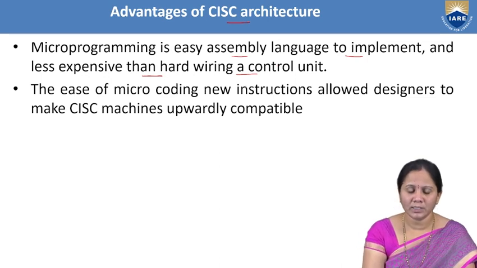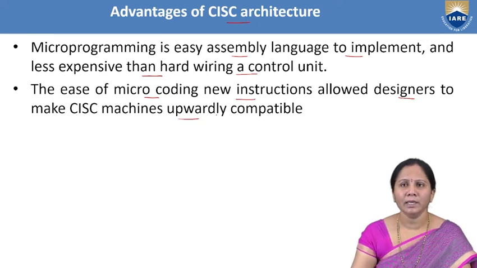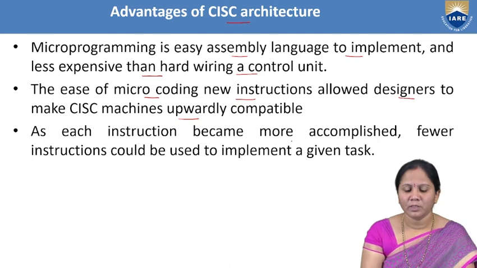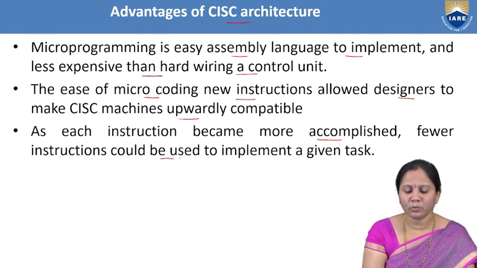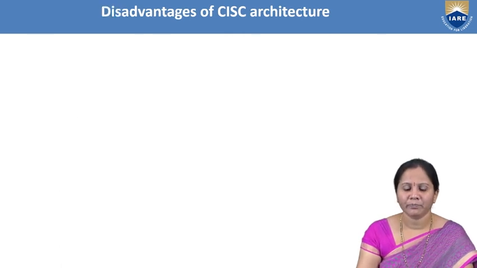Another advantage is that it is easy to microcode the new instructions, which allows the designers to make CISC machines that are highly compatible. Another advantage is, as the instructions become more complicated, fewer instructions can be used to implement a given task because the instruction set is very complicated. Those are the advantages of CISC.